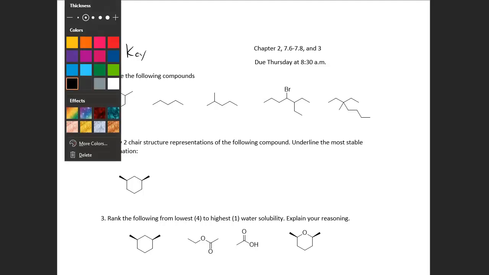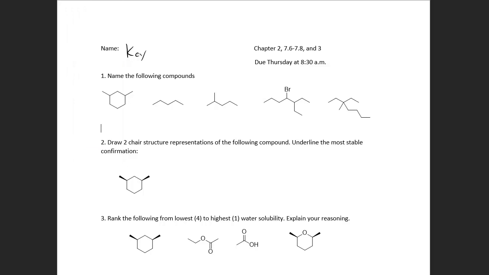So in this case, for the first structure, we have a cyclohexane ring, and I'm going to start numbering the carbons. I'm going to go ahead and pick a carbon with a substituent, just so that hopefully it matches up with what the numbers should relate to in terms of where the substituents are attached. So we've got carbon 1, 2, 3, 4, and 5, 6.